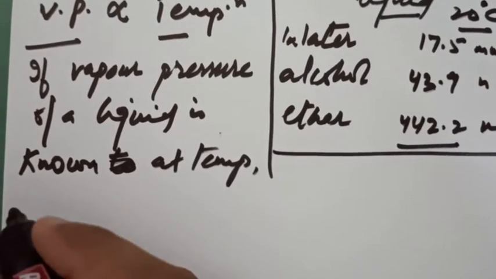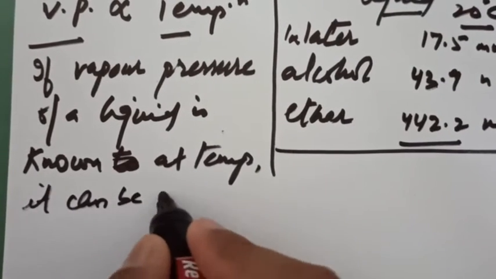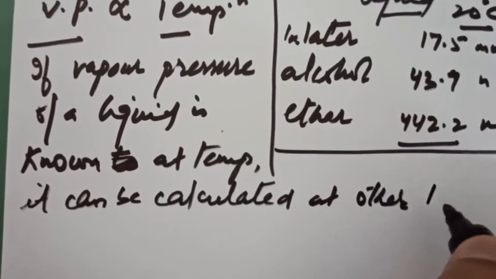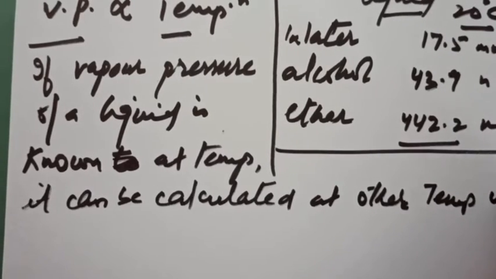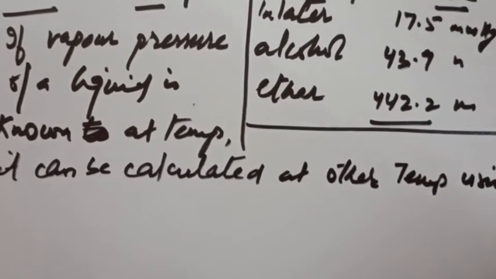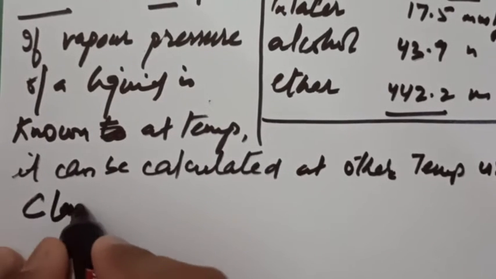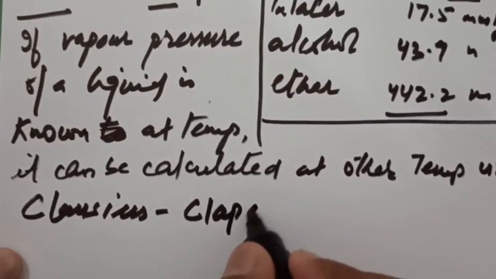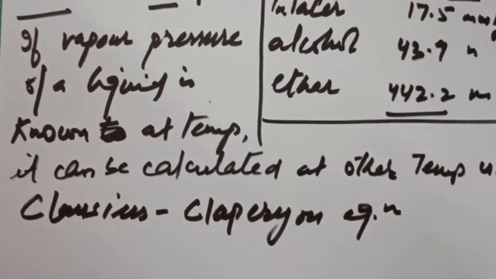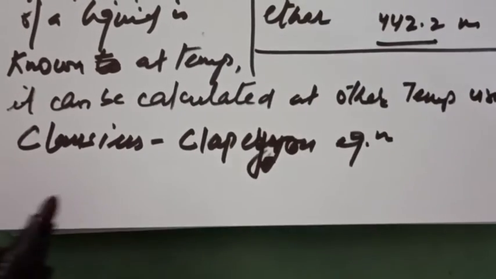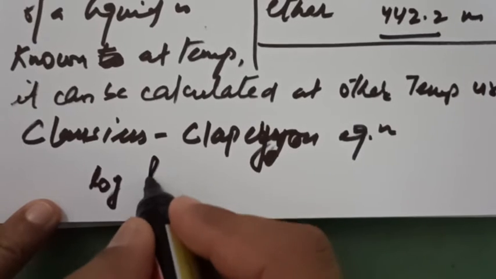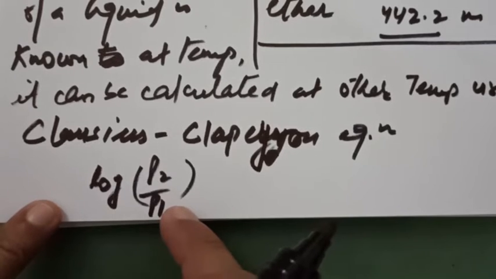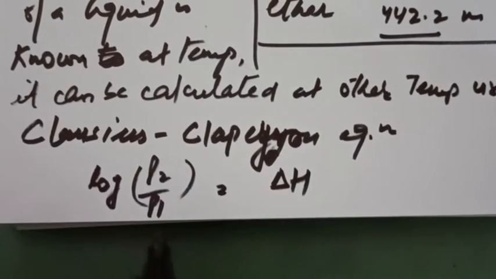So we can say it can be calculated at another temperature using an equation which is known as the Clausius-Clapeyron equation, and this equation is log P2 upon P1, where P2 is the second pressure that we have to find and P1 is the pressure which is given, is equal to delta H, the enthalpy change.